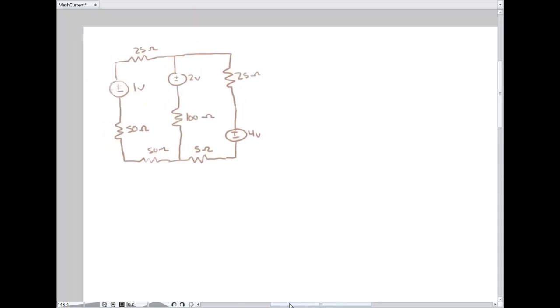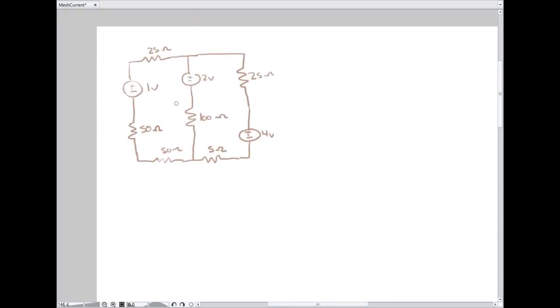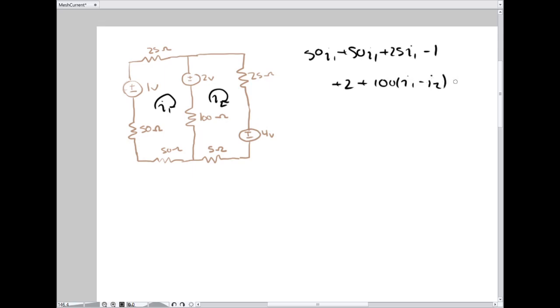So this was a little bit simpler because there's only 2 meshes. I start with the call this one I1, call this I2. Write down my mesh equations. So 50 I1 plus 50 more I1 plus 20 I1 minus 1 plus 2 plus 100 I1 minus I2 equals 0.